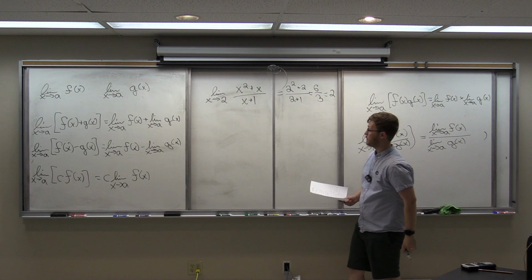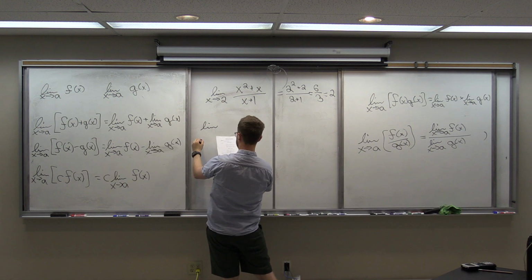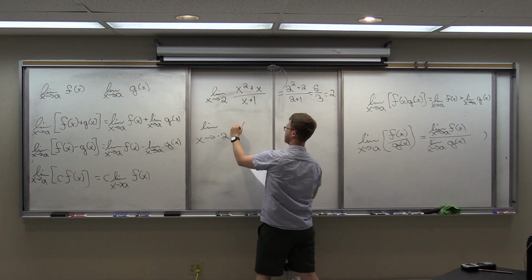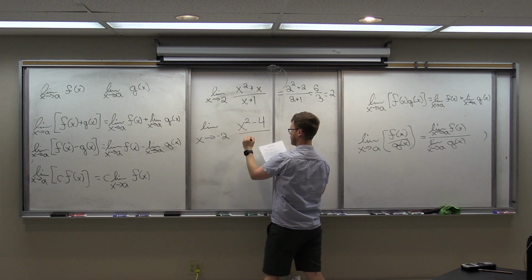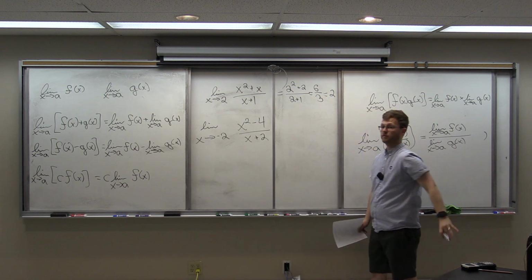Now let's look at what happens when it does get messy. If I want the limit as x approaches -2 of x squared minus 4 divided by x plus 2, we have a problem.